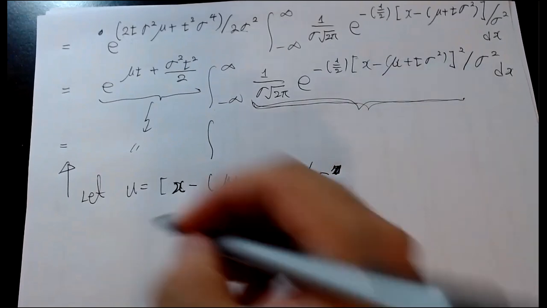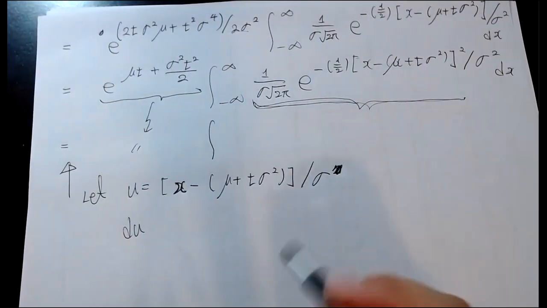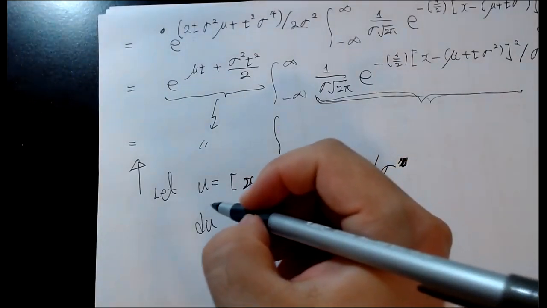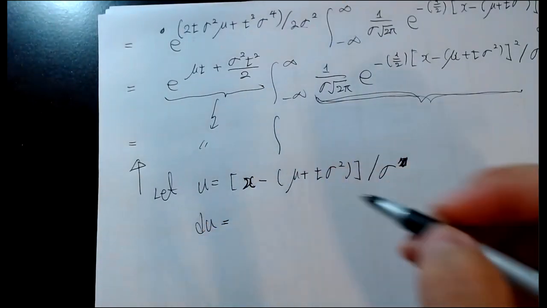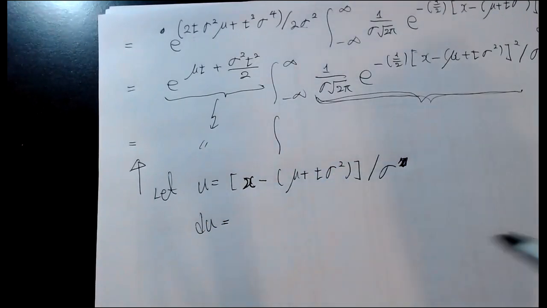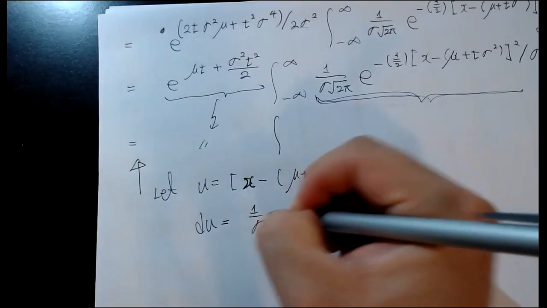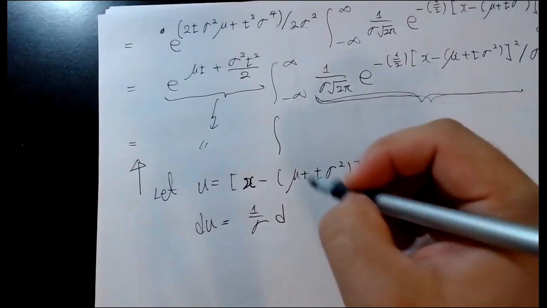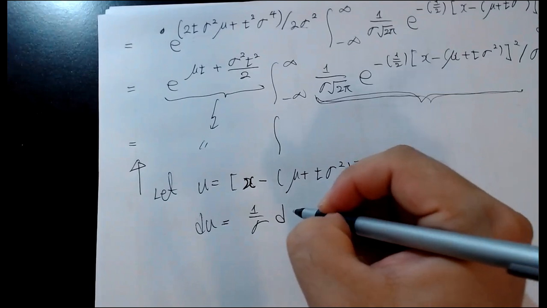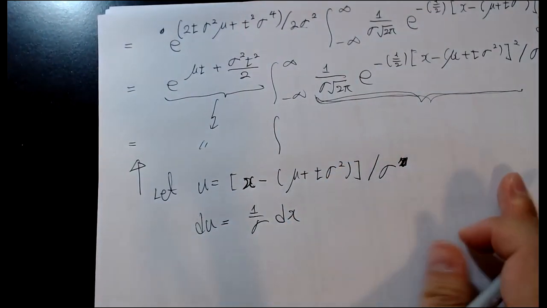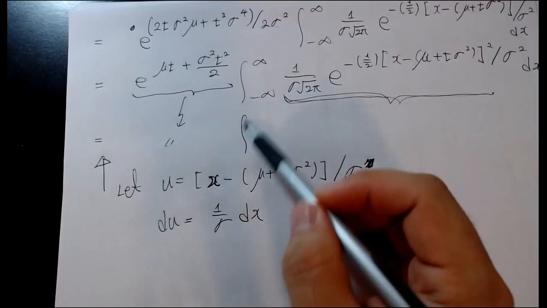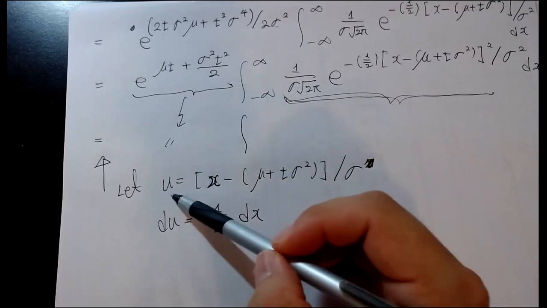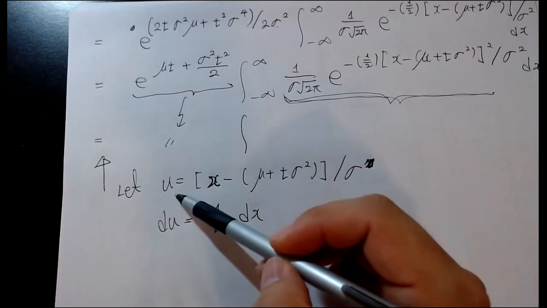All right. Then what is du going to be? This is going to be just 1 over sigma, right? And then dx. Okay. So, and then if x approaches negative infinity, then u approaches negative infinity. If x approaches infinity, u approaches infinity.